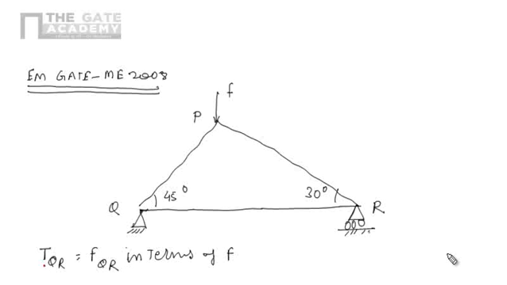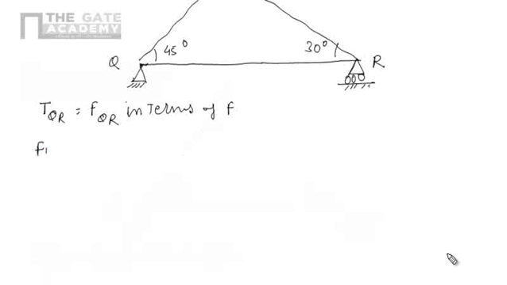So let's take joint P. Now we will draw the free body diagram of joint P. Before that we will mark some angles here.